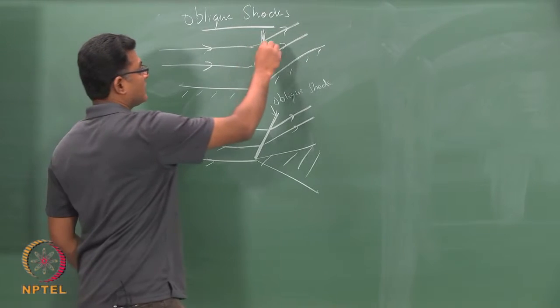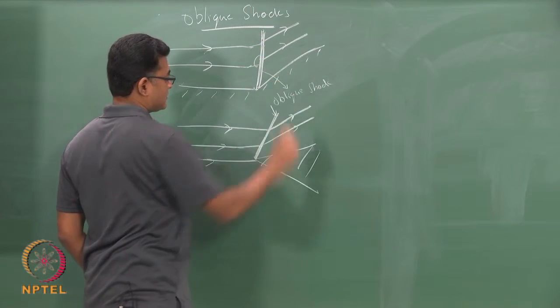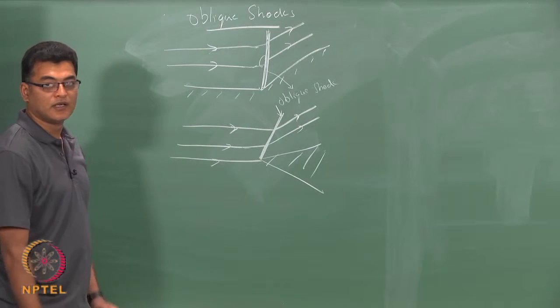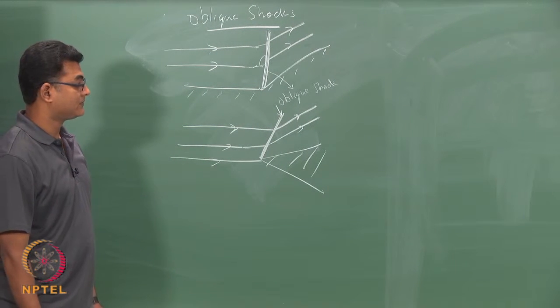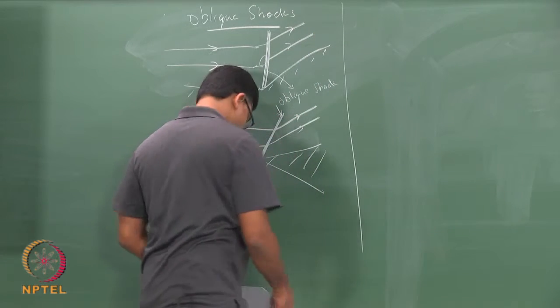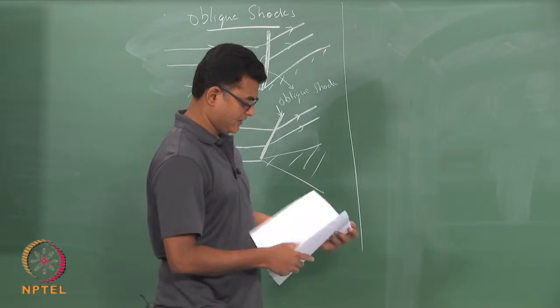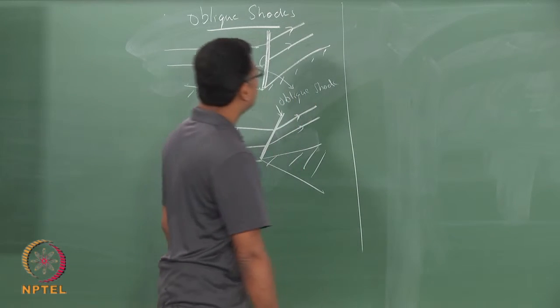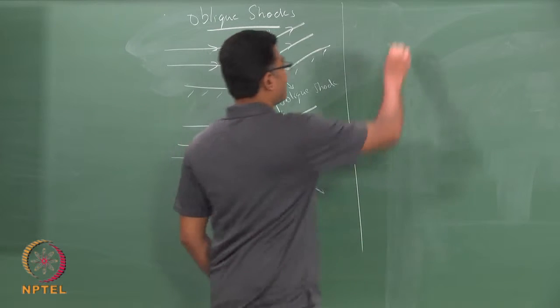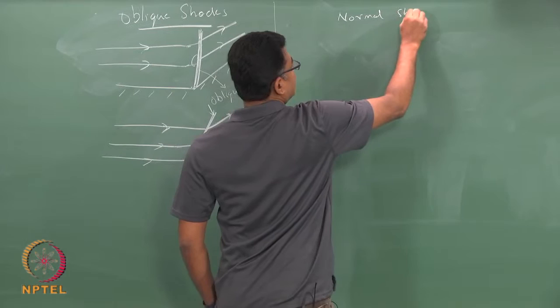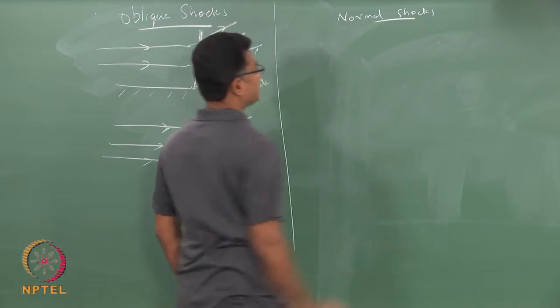These are again oblique shocks. For this, we will go back to the first set of shock waves we know, which is our normal shock. We will revisit the normal shock and then change that to an oblique shock.